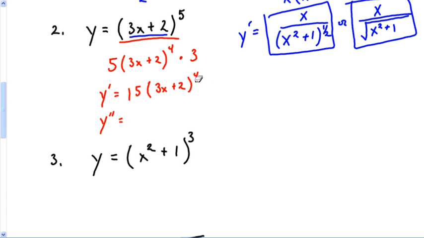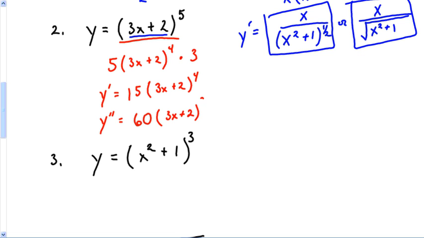It's no big deal. You do the power rule again. You just look at it. You've got this big outside function, and then you've got this inside function. Well, you do your power rule. 4 times 15 would be 60 times 3x plus 2. And then we subtract 1 from 4.